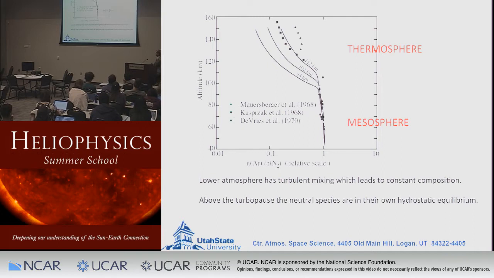Above that, they go above the turbopause. This is called the turbopause under these conditions. It goes into their own hydrostatic equilibrium. Okay, so again, there's a demarcation band with a slightly different name this time. And the thermosphere is the region above, which is responding to the solar cycle, and below is what's called the mesosphere.